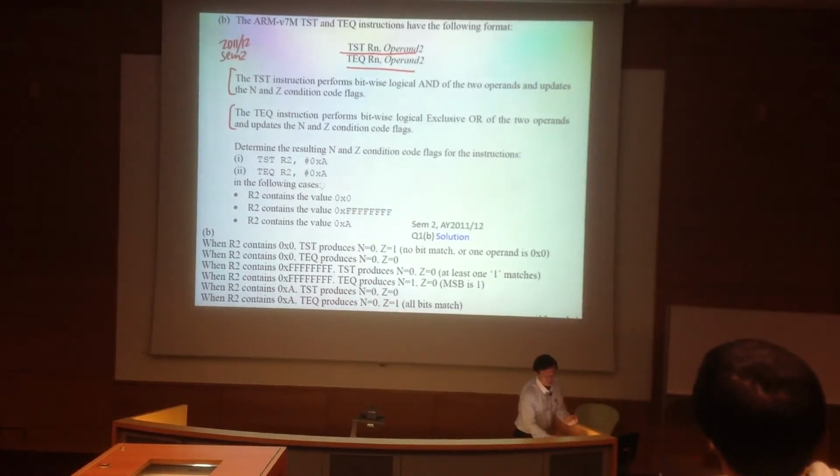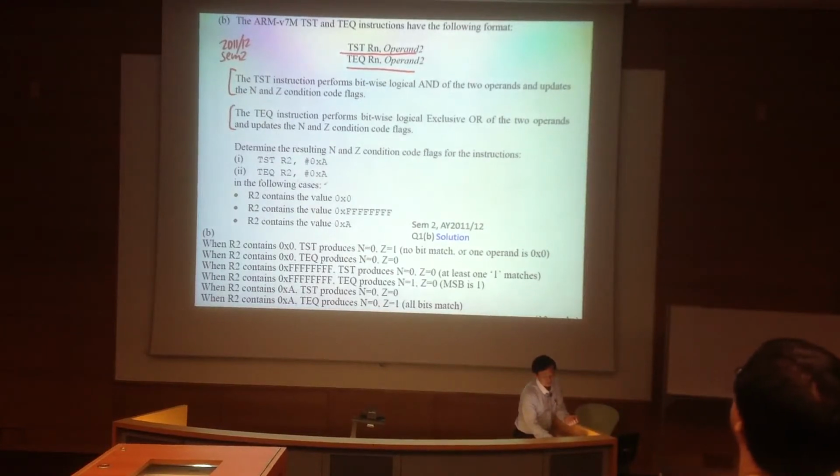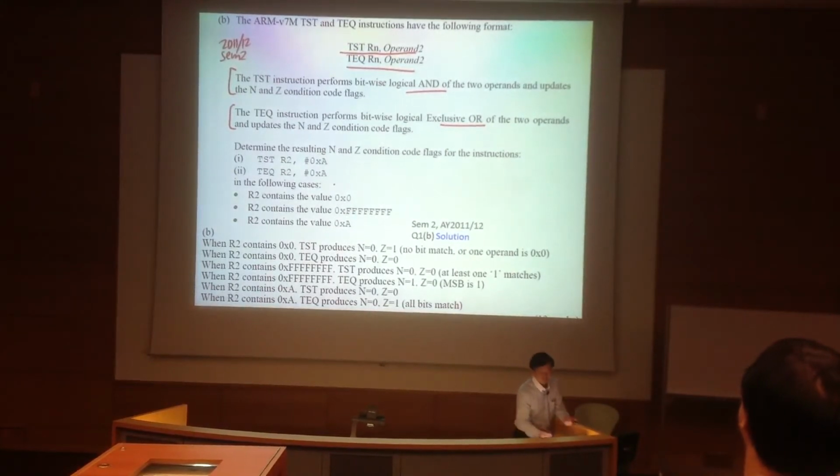So in this case, TST R2 with immediate A, TEQ R2 with immediate A. We know that TST is an AND. We know that TEQ is an exclusive OR. So the easiest way to do this is draw rectangles, right? R2 is going to contain different values at different times.